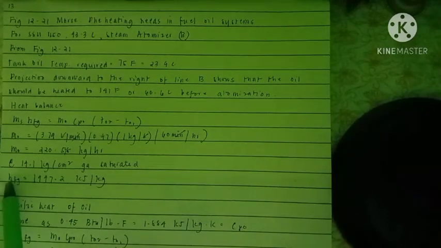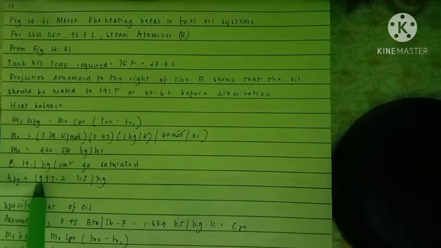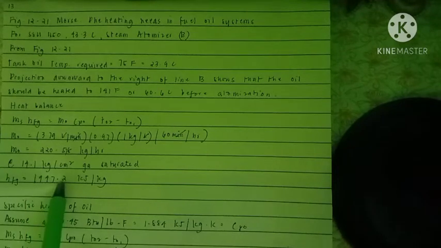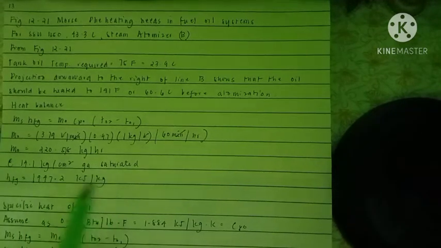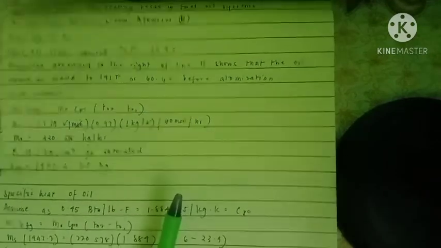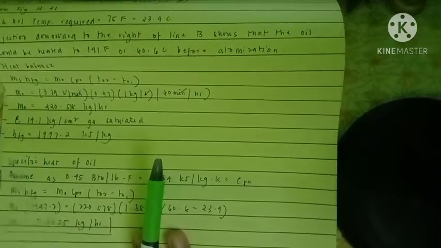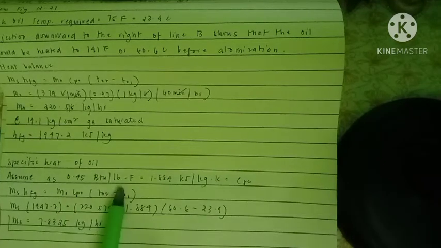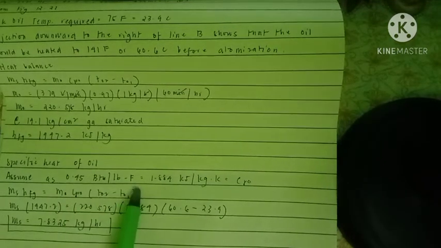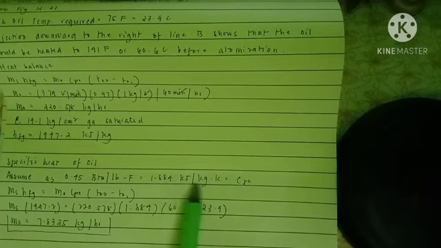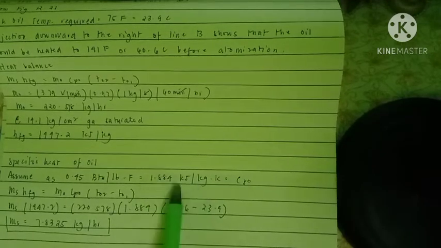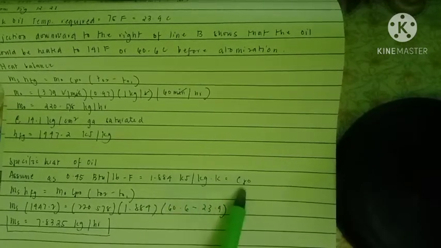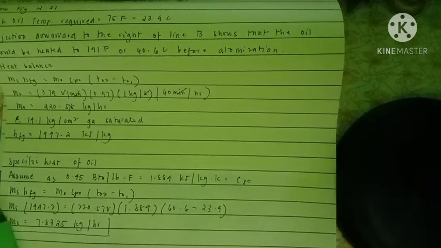So therefore, H_fg now is equal to 1,947.2 kilojoules per kilogram. For specific heat of oil, assume 0.45 BTU per pound-degree Fahrenheit, which is equal to 1.884 kilojoules per kilogram-K, which is C_po.